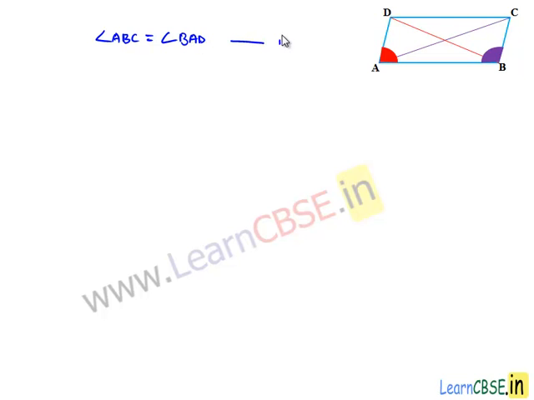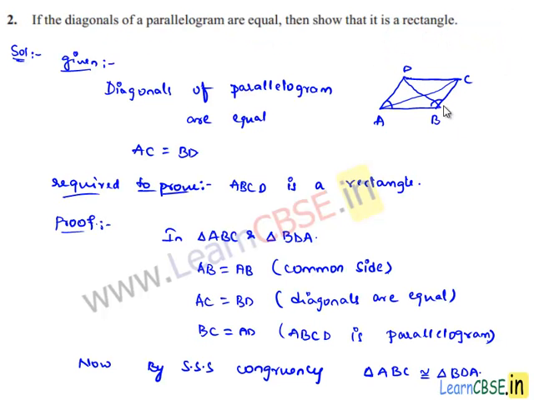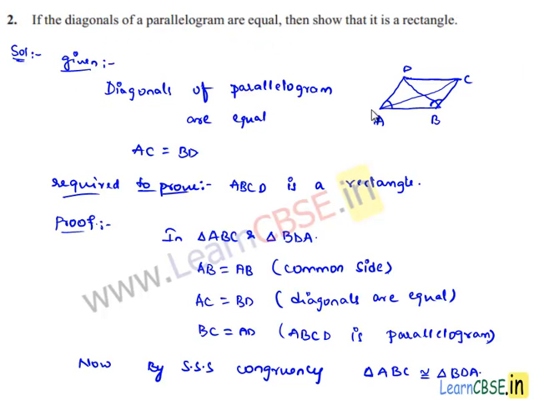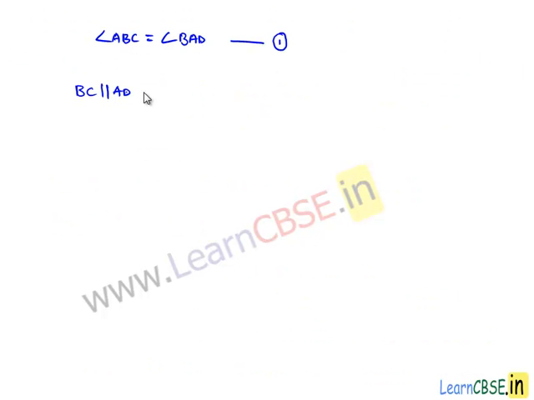Let it be equation number 1. Now let us assume that BC is parallel to AD and AB is the transversal.